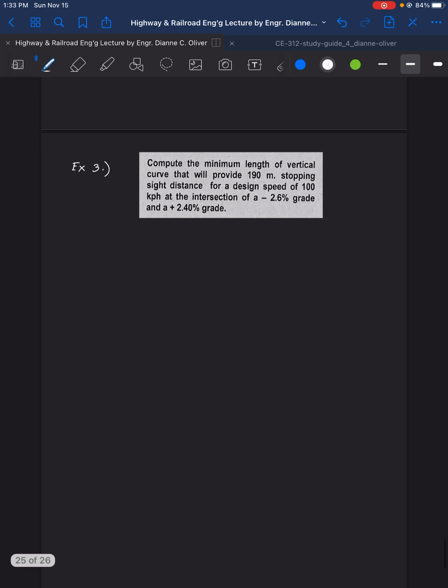Okay, next for sample problem number 3. Compute the minimum length of vertical curve that will provide 190 meters stopping sight distance for a design speed of 100 kilometers per hour at the intersection of negative 2.6% grade and a positive 2.4% grade.